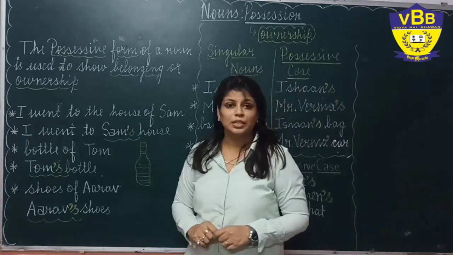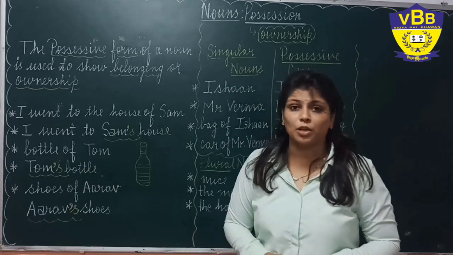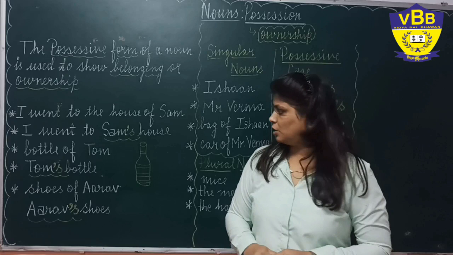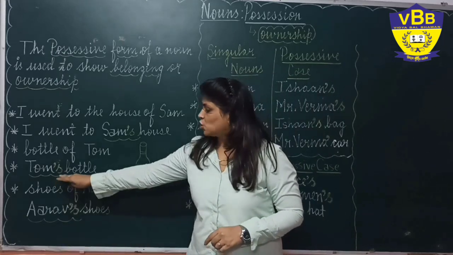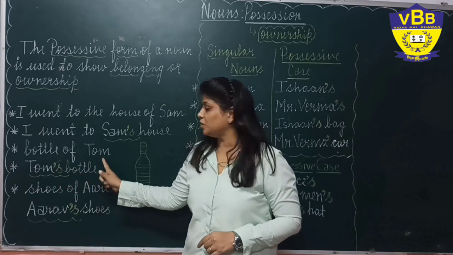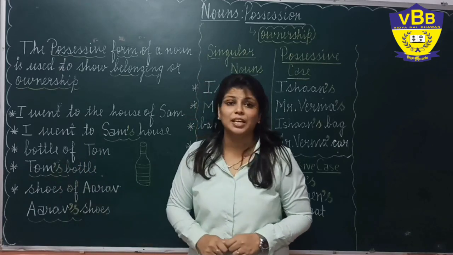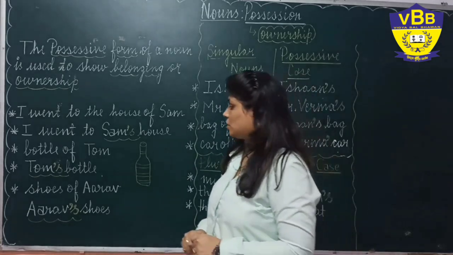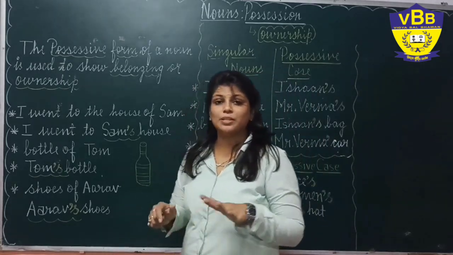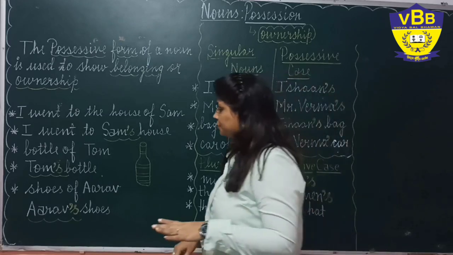Okay, now second, bottle of Tom. Whose bottle is it? Tom's bottle. So how can I write? Tom's bottle. Again, I have changed the noun Tom into the possessive case by adding apostrophe S. Tom's bottle shows that Tom is owning or possessing that bottle.